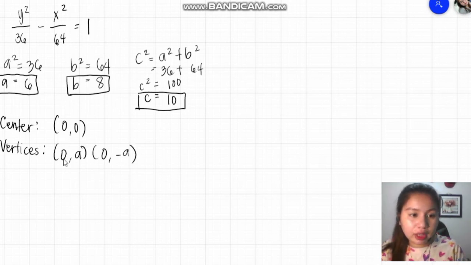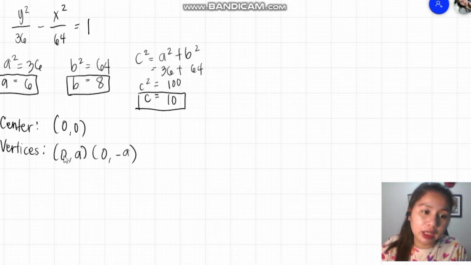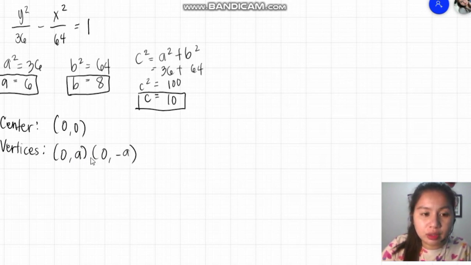Di ba kanina yung a natin nasa x, dun sa horizontal hyperbola, a, 0 and negative a, 0. Ngayon naman, since ang y ang nauna at ito ay vertical hyperbola, nasa y yung mga may values. Sa x naman yung mga 0.